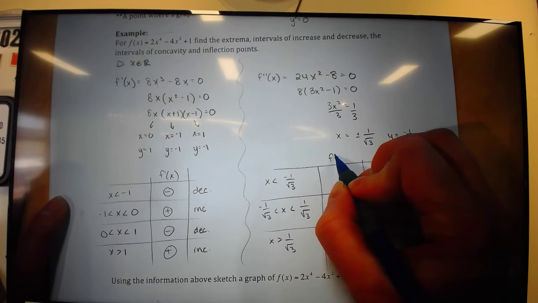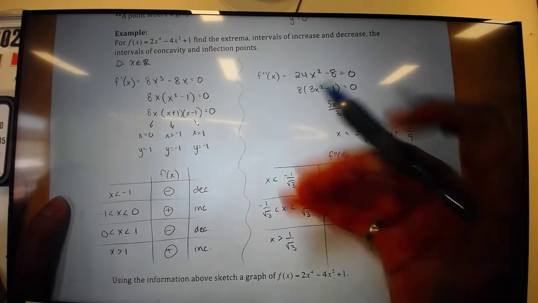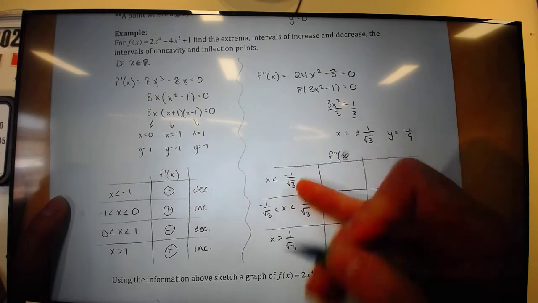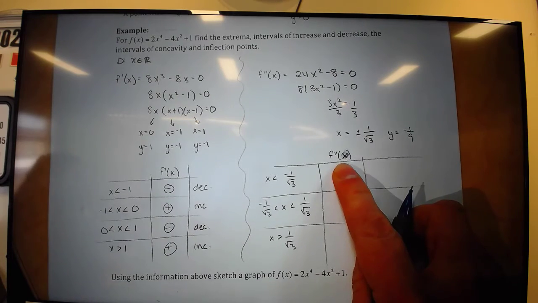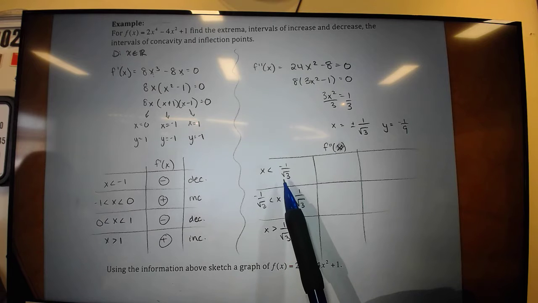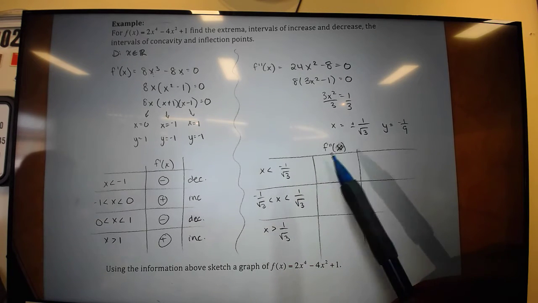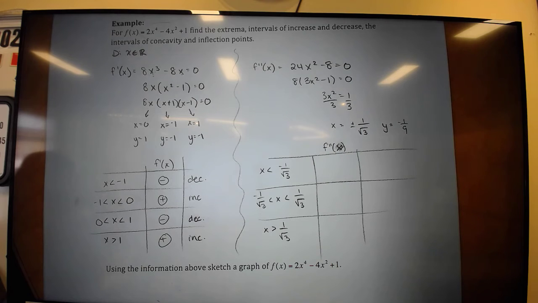Now we're looking at what is that second derivative doing? Is it positive or negative? So I just want to pick any value that's less than negative 1 over root 3. I typed that number into my calculator, figured out what it was as a decimal, and then went to the nearest whole number, otherwise plugged that in.